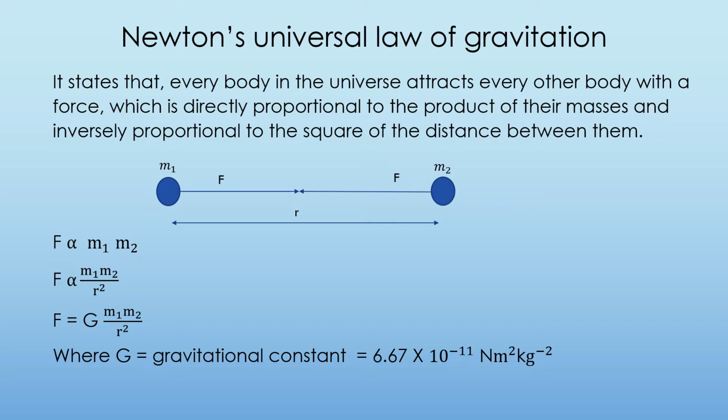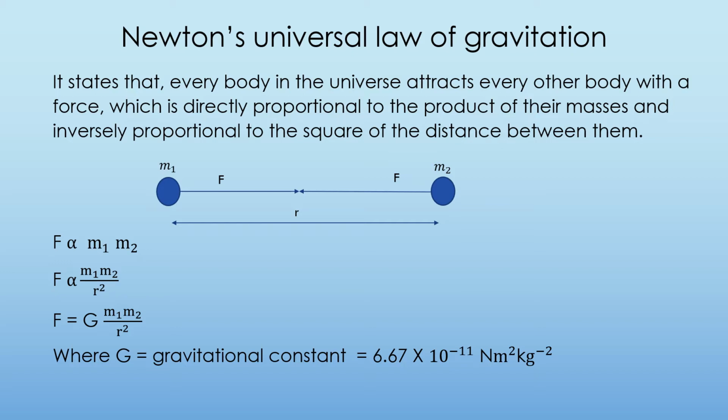So we can write F is directly proportional to the product of their masses, m1 m2, and F is inversely proportional to the square of the distance between them, so F is proportional to 1 by r square.